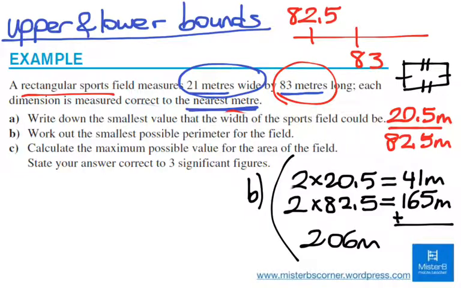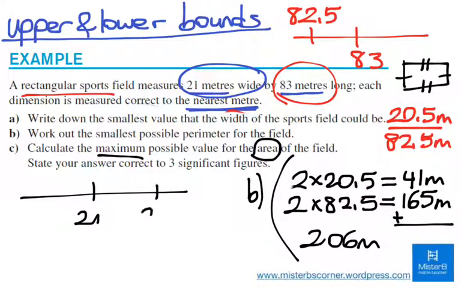Calculate the maximum possible value for the area of the field. So it says a maximum, so I should be using the upper bound. Now, if it is 21 meters, then the upper bound must be 21.5. Yes, I know, when I cut it from here, this rounds up to 22, but I'm not going to include 21.5 in my answer.